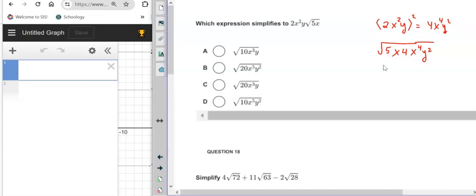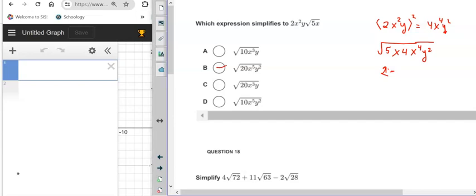So 5 times 4 is 20. My mouse is just totally giving up on me. I might have to restart my computer. So 20, x to the 5th, and then y squared. It would be B. Okay?